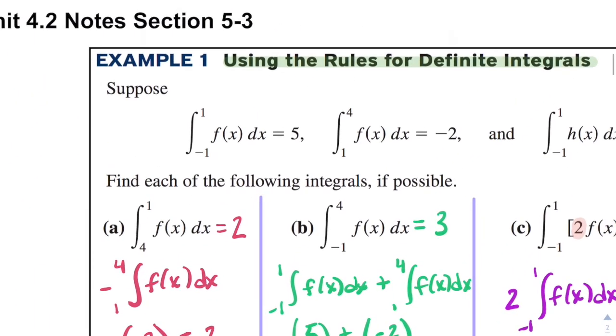In this case, I had 1 to 4 and -1 to 1. Neither of those overlapped each other. Therefore, I can't do any type of addition or subtraction that would fix that.